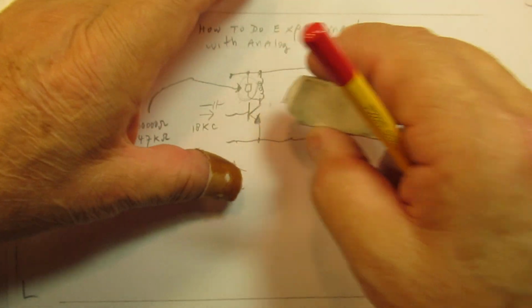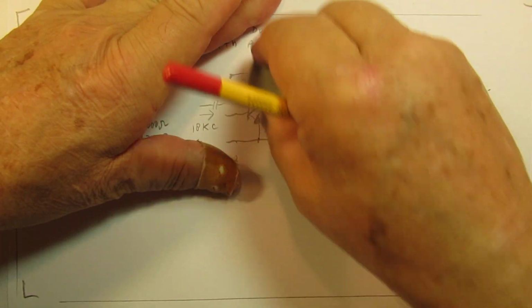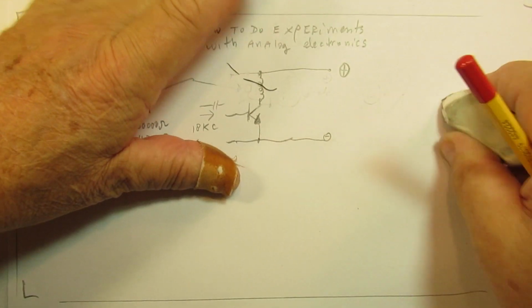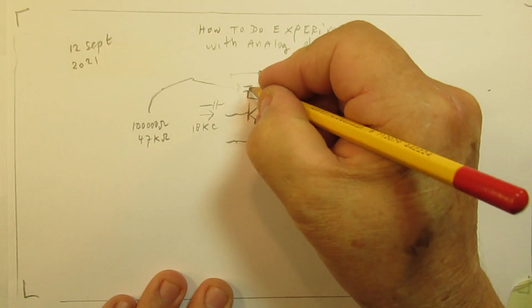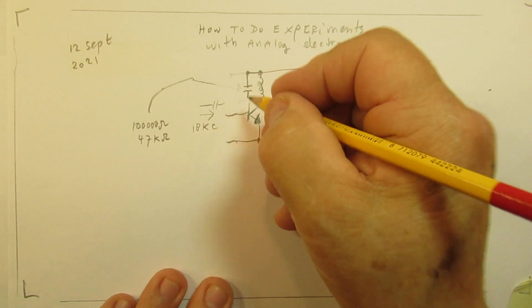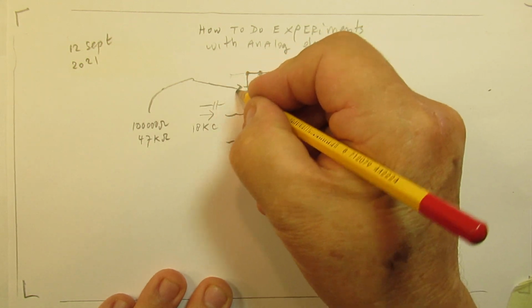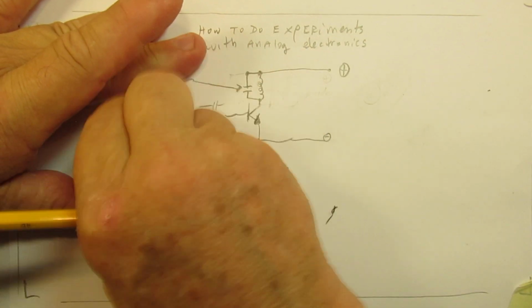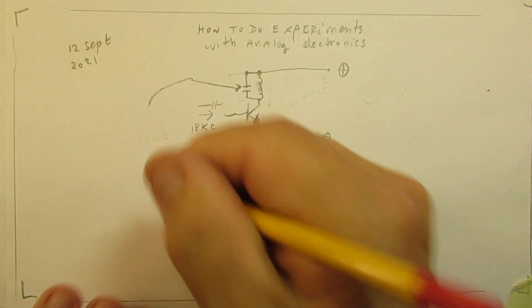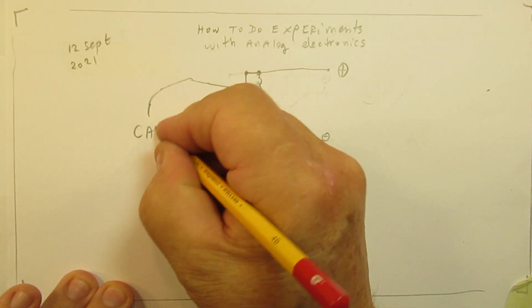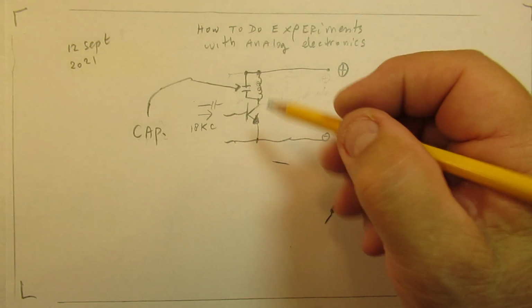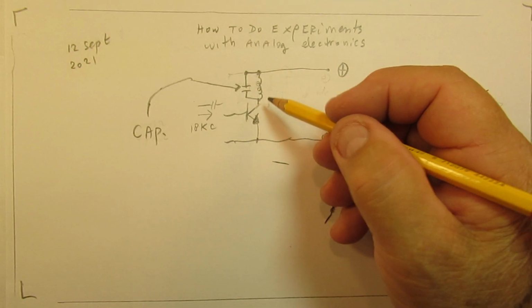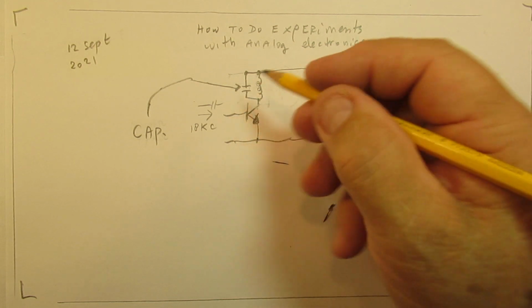Another idea, that will not always work of course, but anyway, is to mount a capacitor here. Of course, that capacitor must not be too low, but it will change the frequency where the whole circuit oscillates.